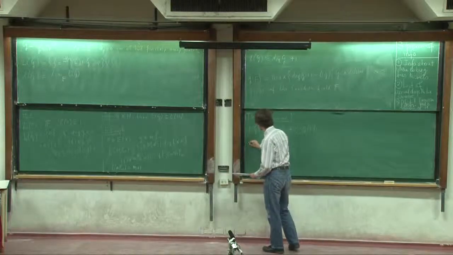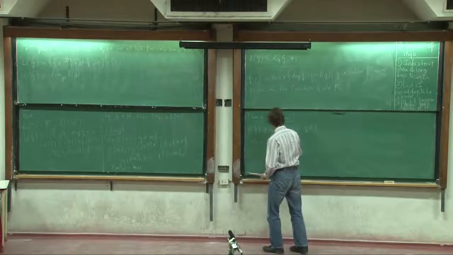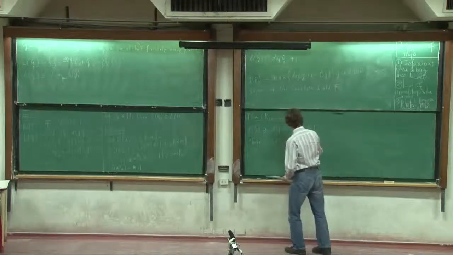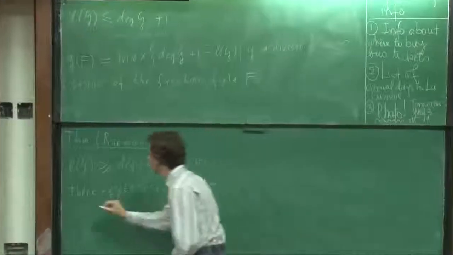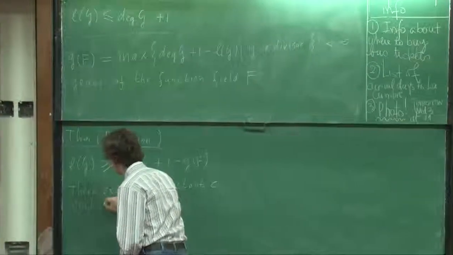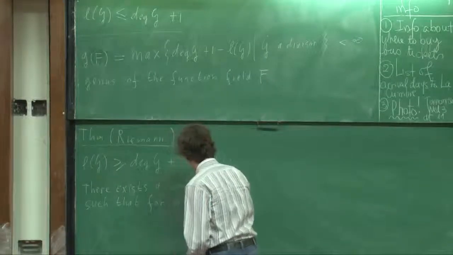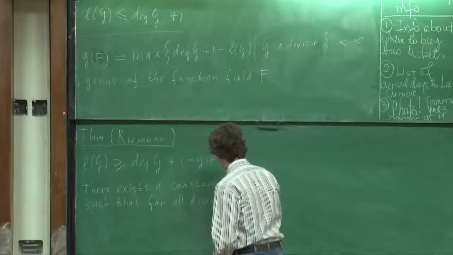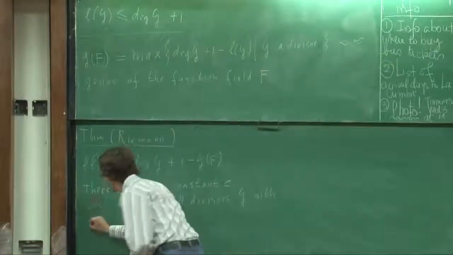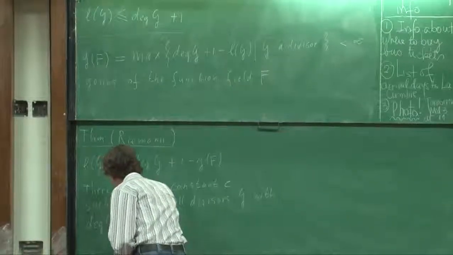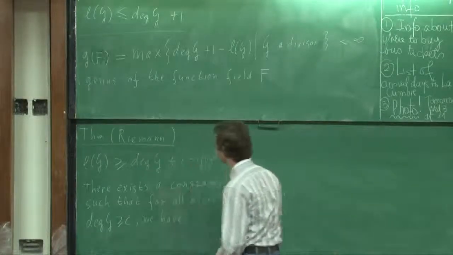But more interesting is that there exists a constant C such that for all divisors G with the degree large enough, meaning that the degree is larger than or equal to C, what we have is equality.